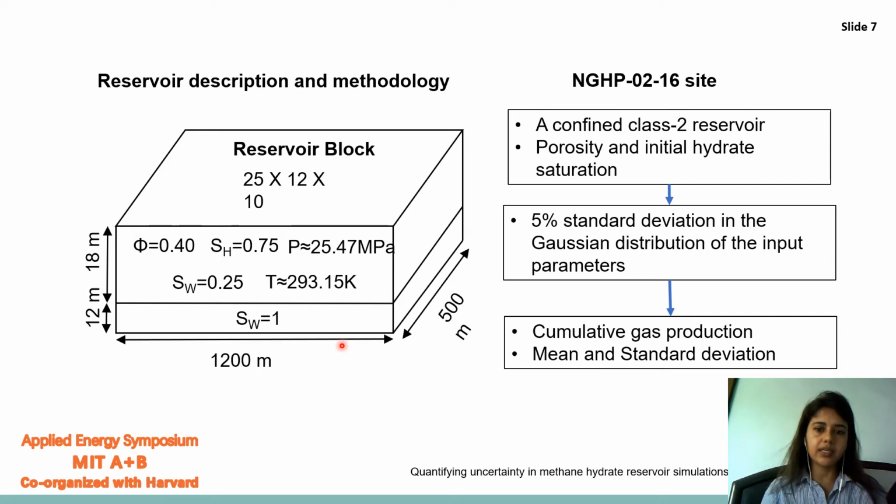We introduced uncertainty by considering a 5% standard deviation in the Gaussian distribution of the input parameters. Two input parameters are considered: porosity and initial hydrate saturation. 1,000 deterministic simulations are analyzed using Monte Carlo simulation.